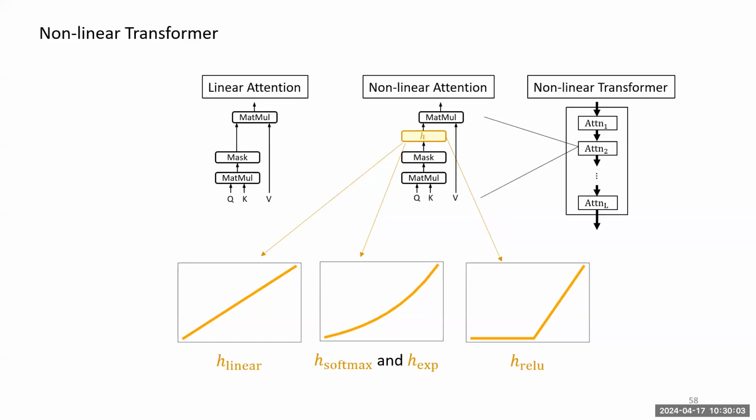We'll reserve the letter H to denote a nonlinear activation in the attention module, so the linear transformer we saw just now corresponds to H equals identity. In practice, H is usually chosen to be softmax. Another popular choice of H is ReLU. And for theoretical purposes, we will also consider the exponential activation, which is very similar to softmax, but without the column-wise normalization to 1.